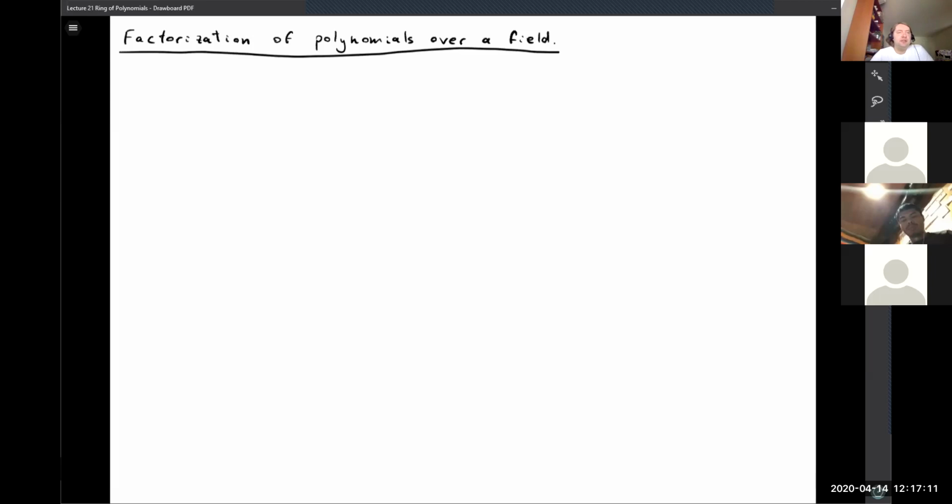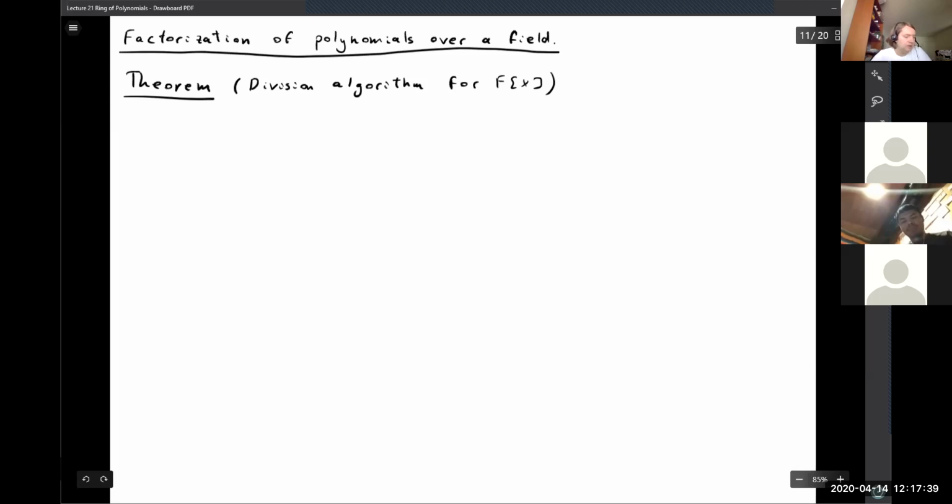And our main theorem here would be the division algorithm for polynomials. I lost track of numbers, so I don't know what number of the theorem it is. So it will be the division algorithm for f of x. Okay, and the theorem is stated as follows.